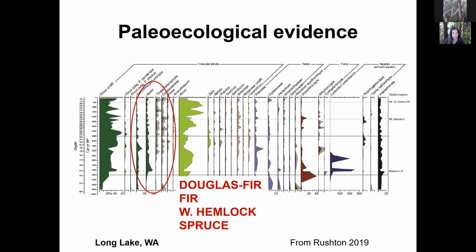And then we can see that hemlock and spruce are relatively new on the scene and more abundant now than they were in the past, particularly in that warm, dry period. So we can expect these species that did well in these hot and dry periods in the past to do well in the future with climate change.